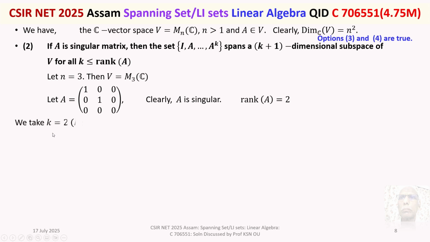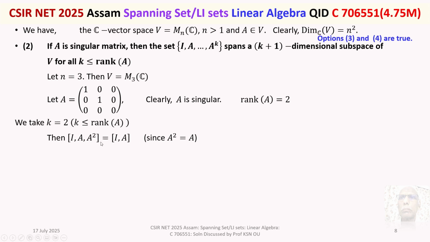Okay. Now, we take k equal to 2. And that is k less than or equal to the rank of A. Therefore, k equal to 2 is equal to the rank of A. So, this condition is also satisfied. So, now the set consisting of I, A, etc., A to the power k, k is 2, the set consisting of I, A, A squared.